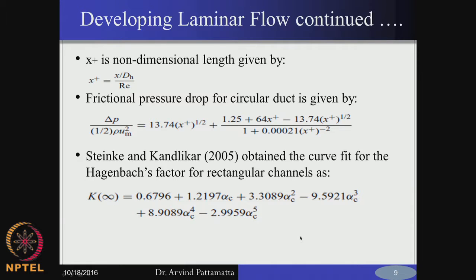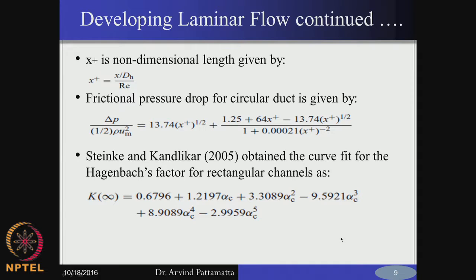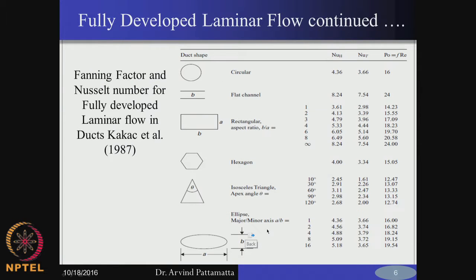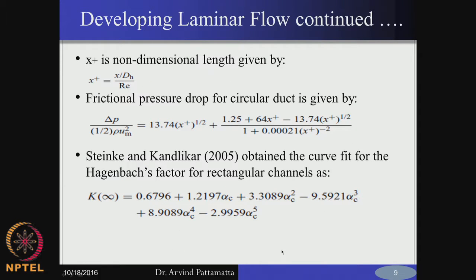This is a function of the ratio of A by B. So, if you go back, that is the smaller dimension to the larger dimension, A by B. This is the inverse of the aspect ratio, and if you put that into this correlation, this should give you the corresponding value of Hagenbach factor.